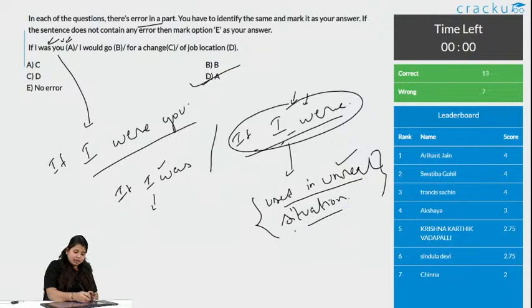If this should be a real situation, I would use the other form, but particularly when we are talking about a subjunctive mood or an unreal situation, then we use I were, and this is an exception. That is why I kept this question as an example. Chalo, let's go to the next question.